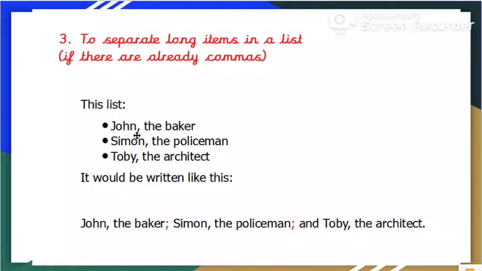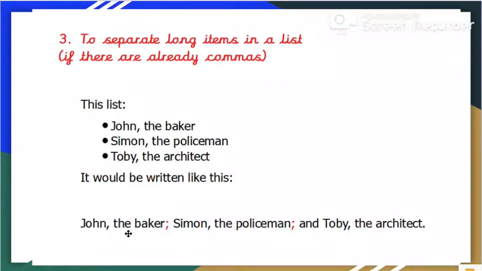Simon, comma, the policeman, and Toby, comma, the architect. If I was writing it in a sentence rather than a bullet pointed list, that's where I would use a semicolon to separate the bullet points almost. So the comma would stay in the same place after the noun to tell me more about that noun. Then I would use a semicolon.